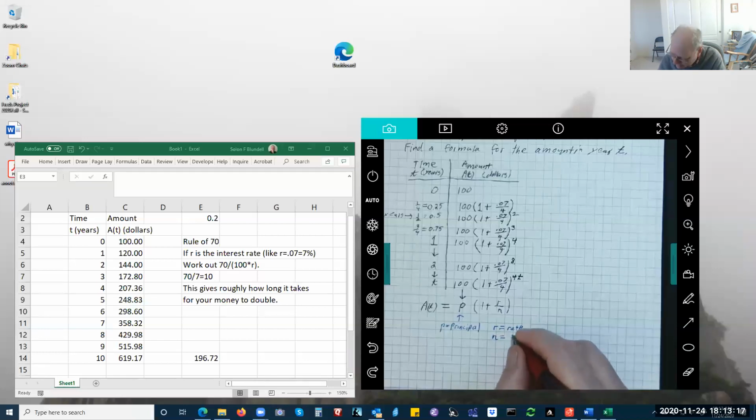And the N is the number of times compounded per year.